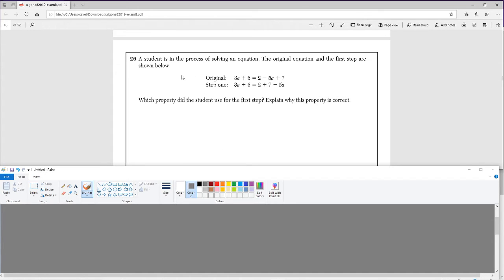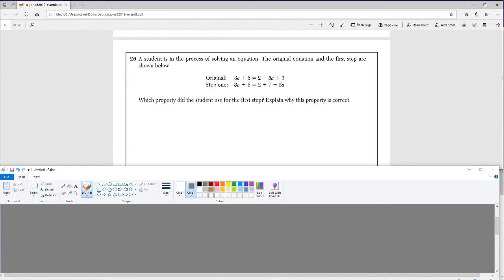26, the student is in the process of solving an equation. The original equation and the first step are shown below. All right. So it says original 3a plus 6 is equal to 2 minus 5a plus 7. 3a plus 6 is equal to 2 plus 7 minus 5a, and it asks, which property did the student use for the first step? Explain why this property is correct. So if we look at this part here, 3a plus 6 on the left hand side is still the same.